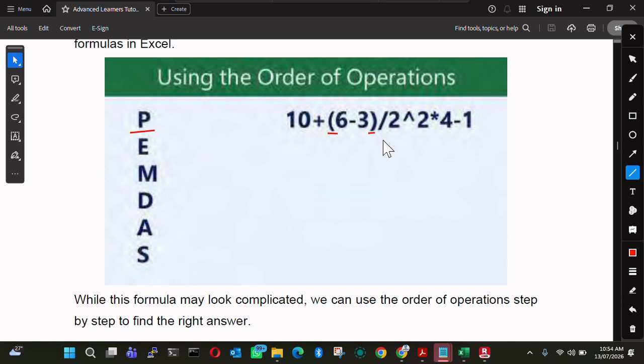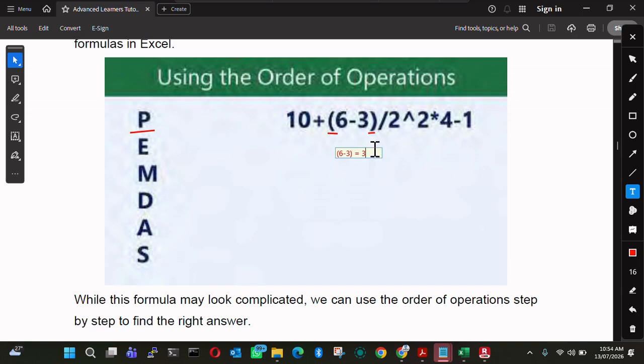So the first thing it will do is 6 minus 3, which will be equal to 3.